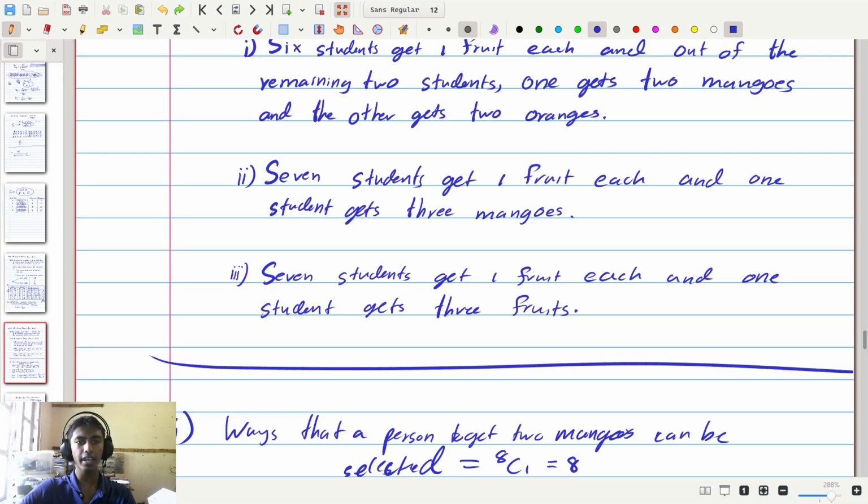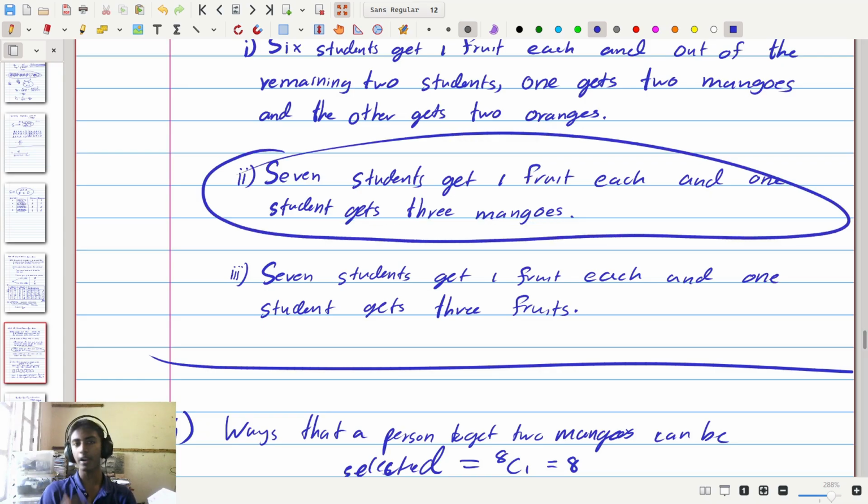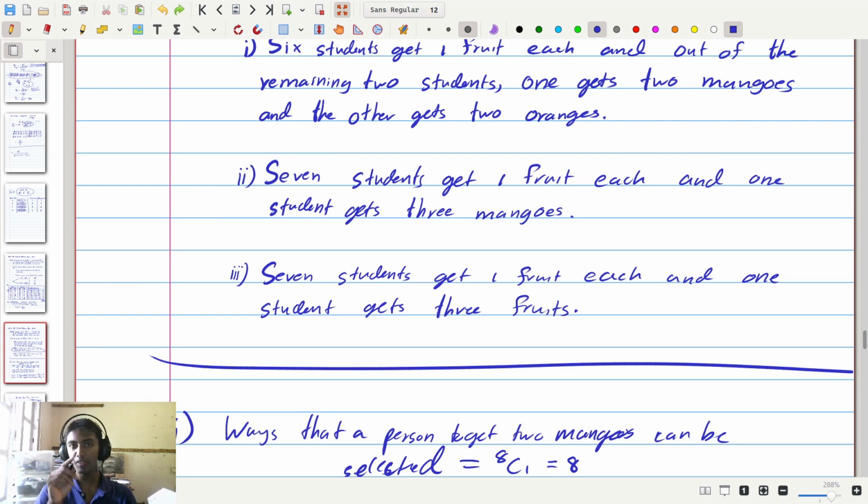So once again, we could think of this, rather than as a random choice where 1 student gets 3 mangoes, as the teacher specifically choosing 1 student out of the 8 to get the 3 mangoes and the rest of them randomly get whatever is left over.